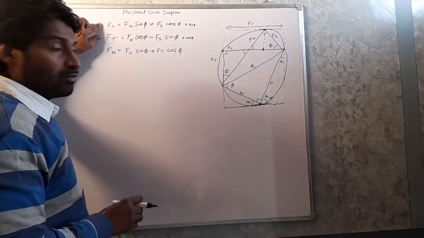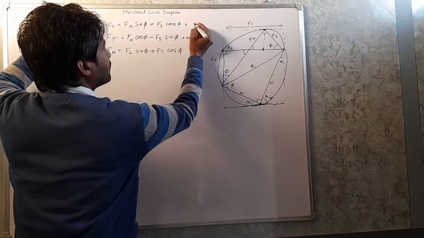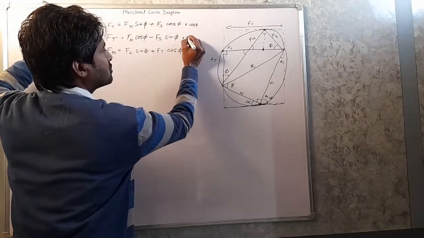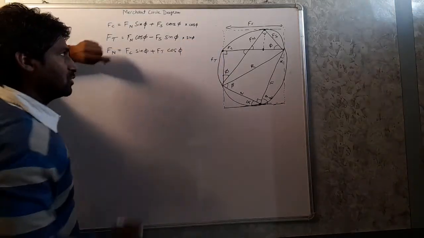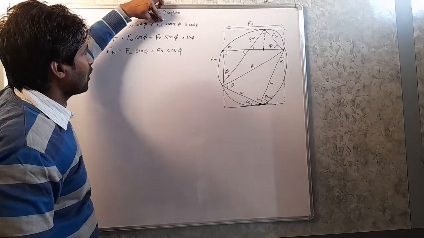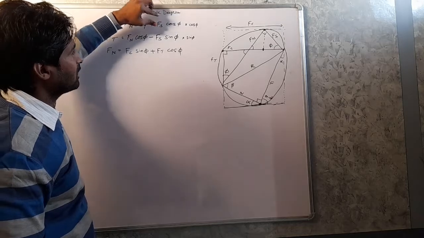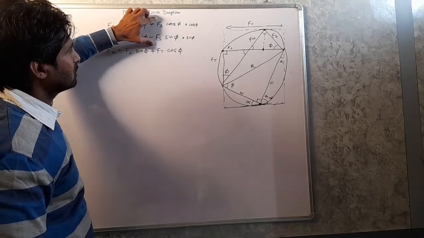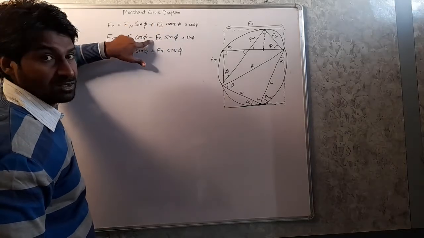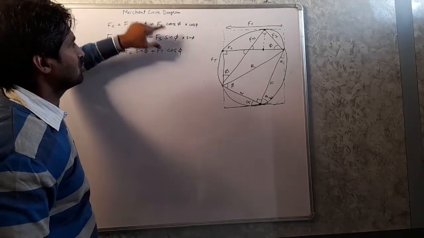Similarly, now we will multiply the upper one with cos phi and the second one with sin phi, and this time we will subtract both. So when we subtract, this will become Fs cos square phi and Fs sin square phi, and because there is a negative sign, Fs cos square phi plus Fs sin square phi will equal Fs.